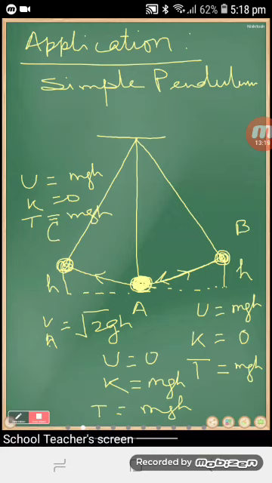The point which we have to take care of in this case is that we have to consider that the obstruction or the resistance with air of the bob is going to be zero.